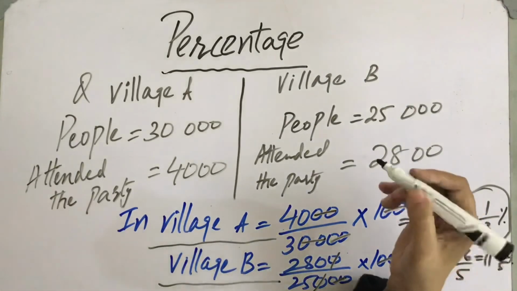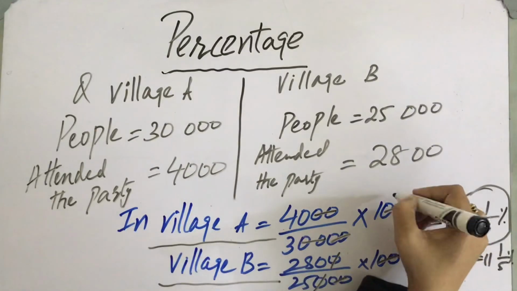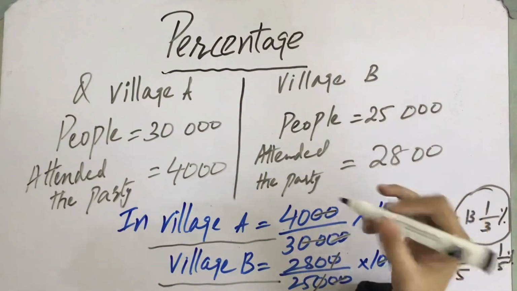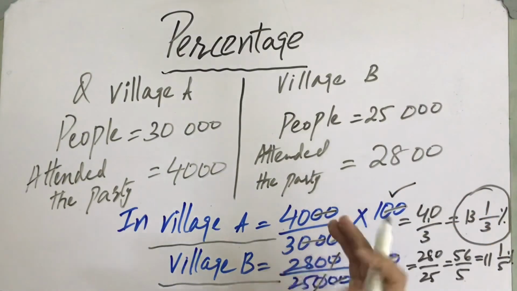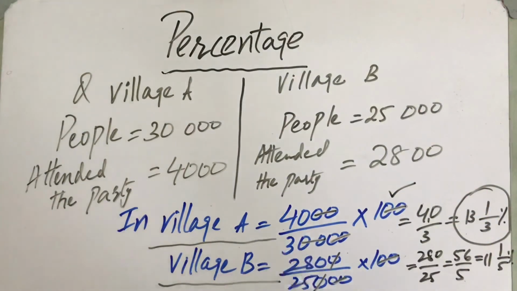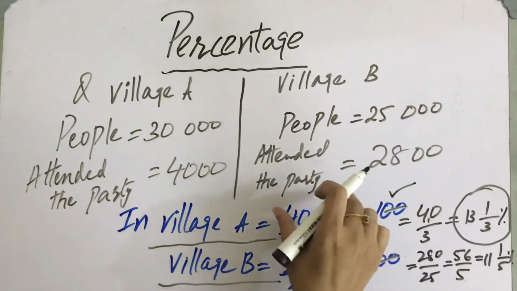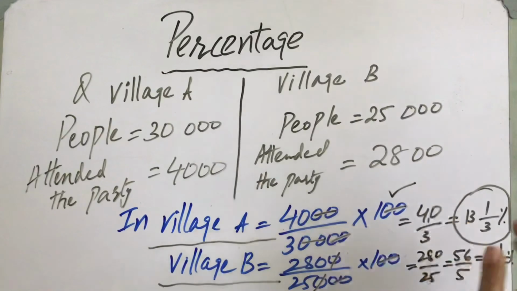There are two important things in today's lesson. Whenever we have to find the percentage, we have to multiply with 100 and divide with the total quantity, which is the portion out of the total. The total will be our denominator and the portion is our numerator. Multiplied with 100, we shall have the percentage.